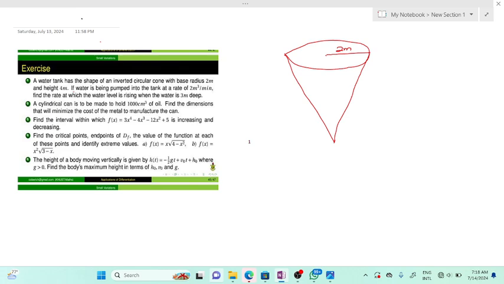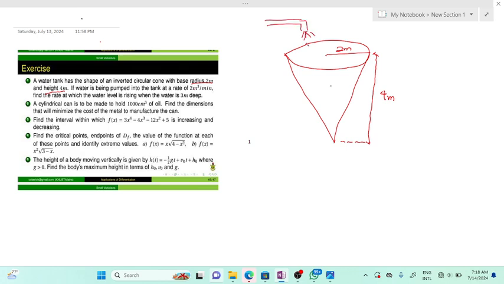So you just draw your height from here to the side, right? It's 4 meters. Then if the water is being pumped into the tank at a rate of 2 meter cube per minute, we can just illustrate some kind of a pump somewhere which is pouring the water in it. Okay, then find the rate at which the water level is rising when the water is 3 meter deep.